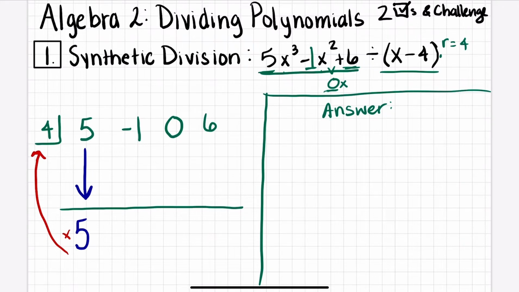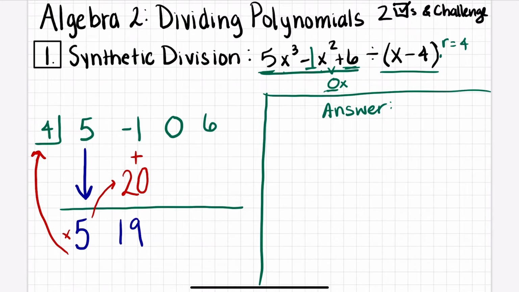And you're asking yourself, now that we multiplied, where does that go? That actually goes back up here. So 5 times 4 is 20, and that's going to go right here. Now what? Well, we add these two numbers together. Whatever number goes down here, you add it, and then the sum goes here on the bottom. So -1 plus 20 gives us 19.